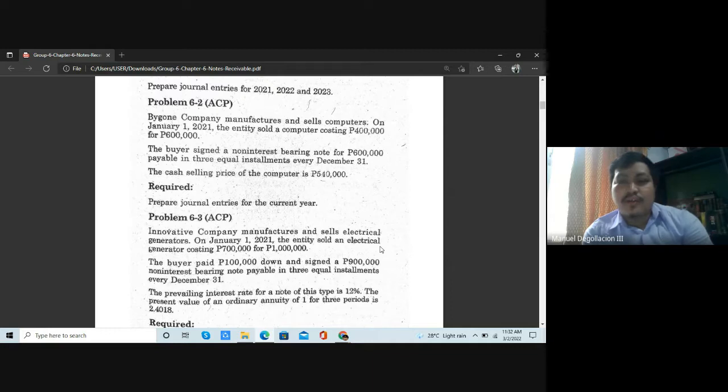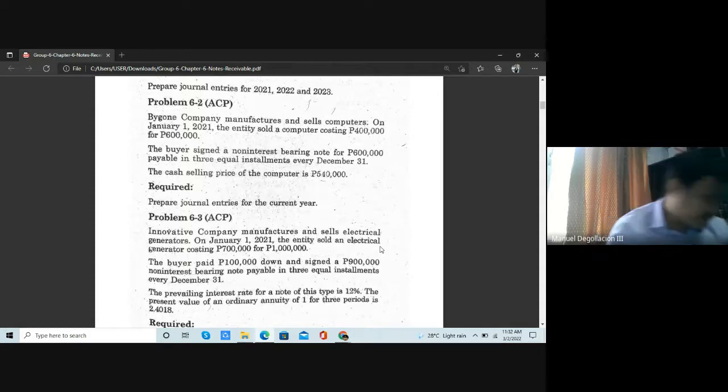So moving forward, your sales will have to be recorded at the cash price equivalent of the item that is being sold. So even though we are given a promissory note class with a face value of 600,000, because the true selling price of the item that was sold is 540, the sales will only be recorded at 540.